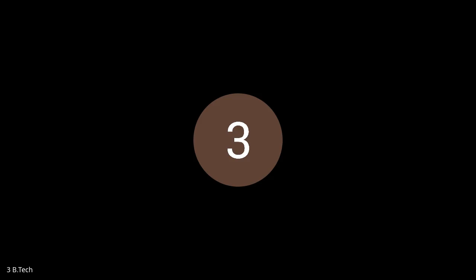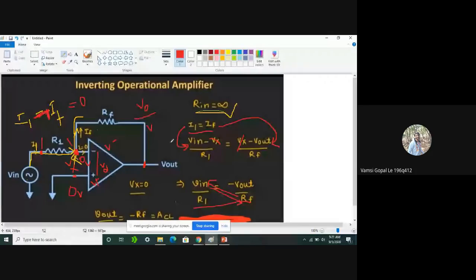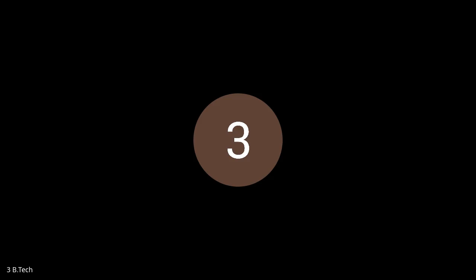Okay, so this is what we can learn. Vout by Vin is nothing but simply the gain. So in this equation, Vout by Vin is equal to minus Rf by R1. Rf is the feedback resistance.